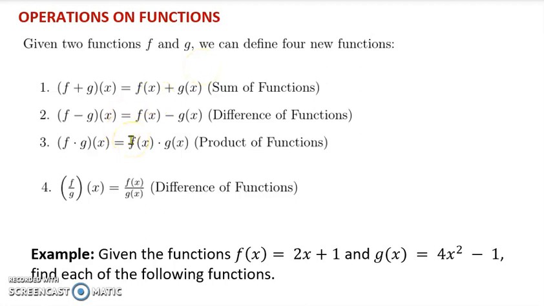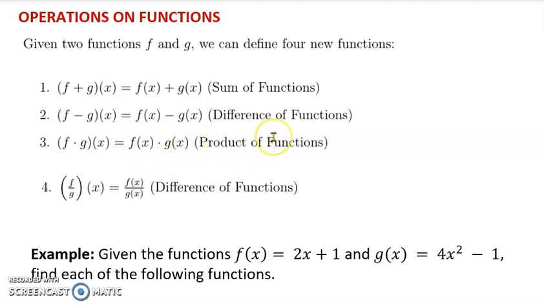For the difference of functions, f minus g, the output is f of x minus g of x. So take note that f comes first, before g. Now, for f times g, that is just the product of the outputs of f and g, so that is f of x times g of x.